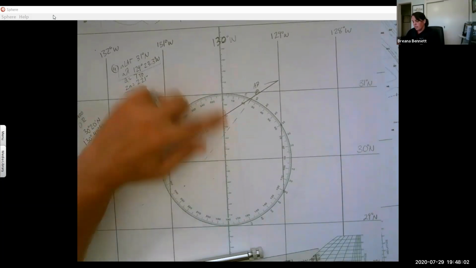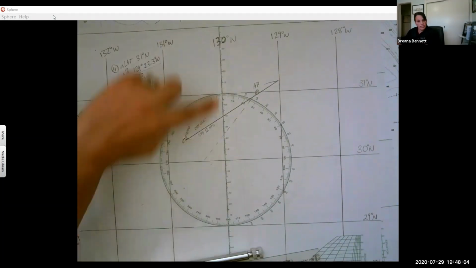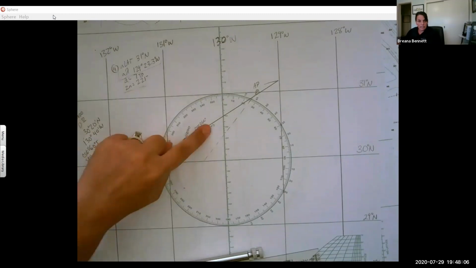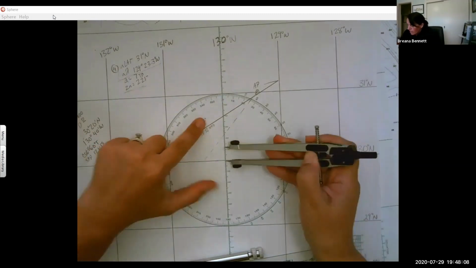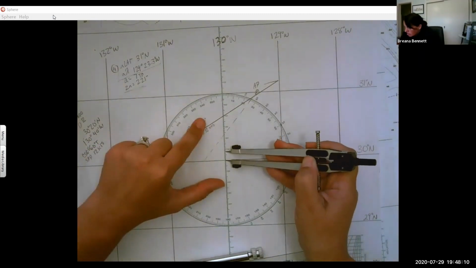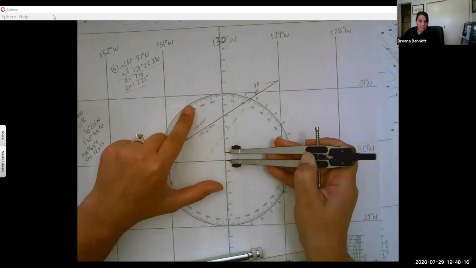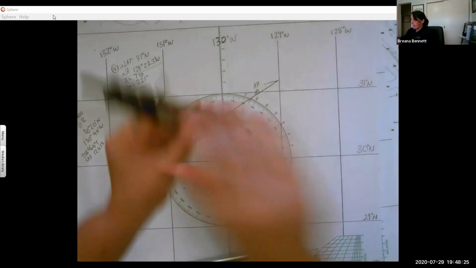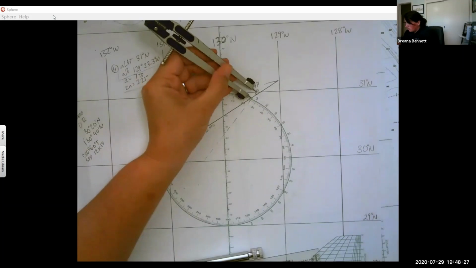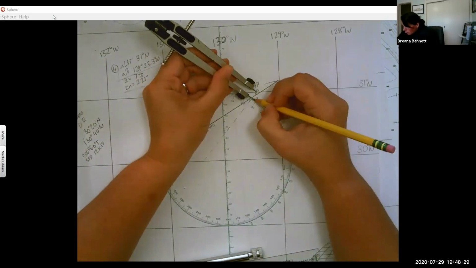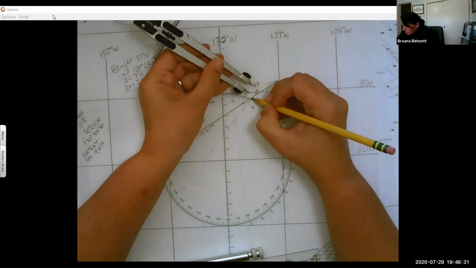So your scale in the middle here is also a distance scale, just like latitude. So if I find 7, there is 7 nautical miles. Now I'm going to put that from my assumed position. Make a little mark.